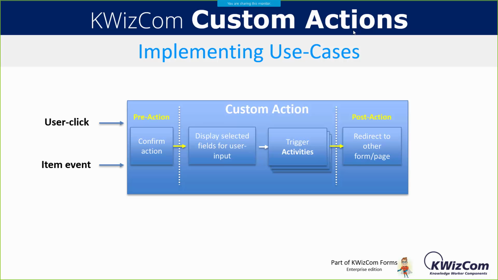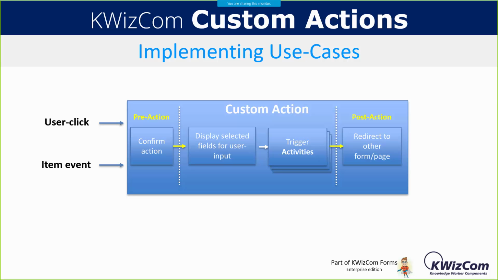A custom action is a process that can be initiated by a user clicking on some custom ribbon button that you can add, or it can be automatically triggered by an event, such as an item being added, updated, or deleted.